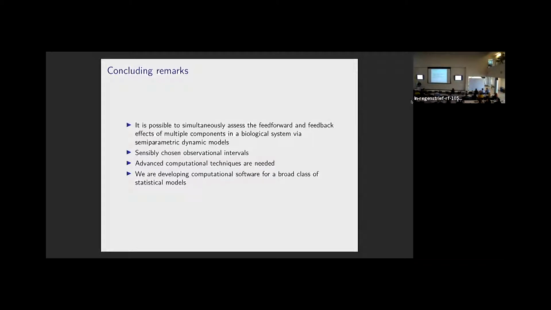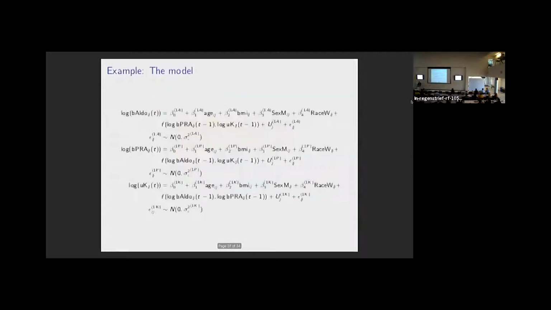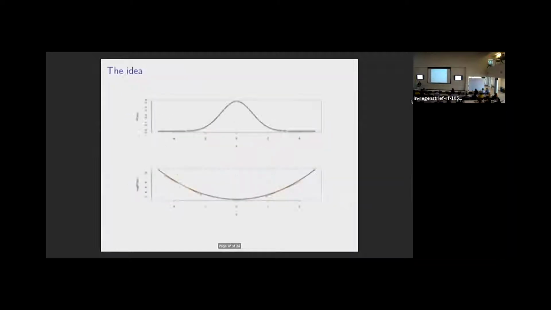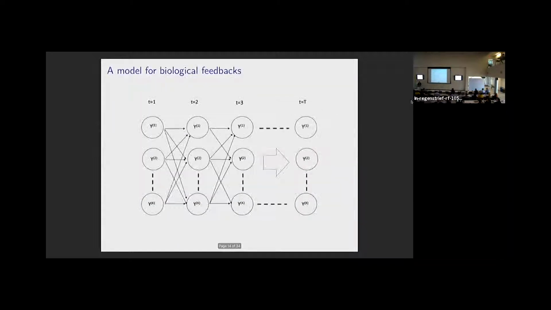I want to tell you why I thought of this idea. When you look at this model, initially, I showed it to a friend, and he said, is this a neural network? I said, no, it's not, but it looks like a neural network. The difference is that a neural network doesn't give you the feedback.